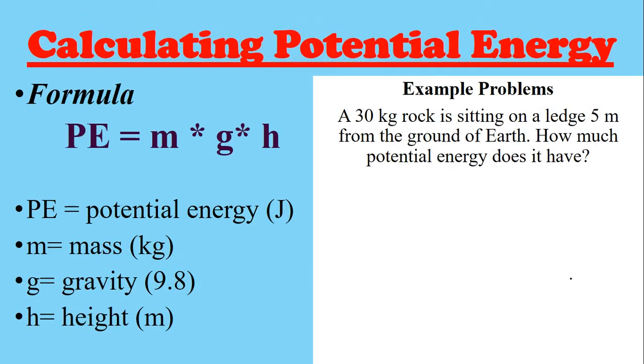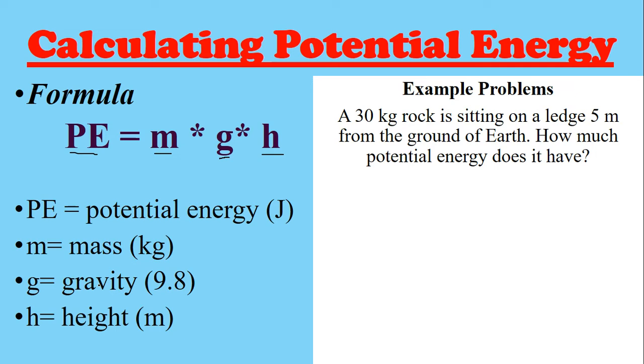All right. The other type of calculation is calculating potential energy. Here's the formula for potential energy. It reads potential energy is equal to the mass times the gravity times the height. PE is potential energy with the unit of joules. m is the mass, it's in kilograms. g is gravity, as it's on Earth.